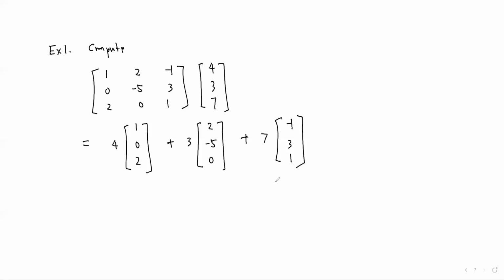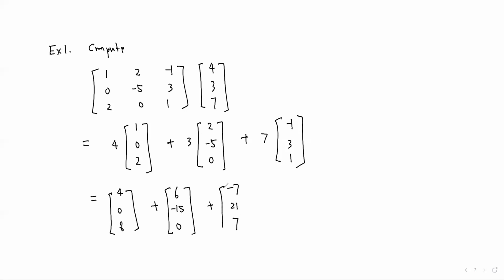Now, 4 times this vector is 4, 0, 8. Then plus 3 times this vector is 6, negative 15, 0. Plus 7 times this vector, 7.